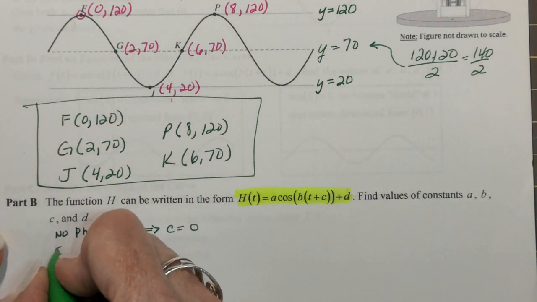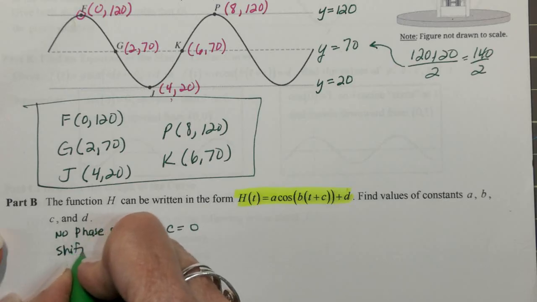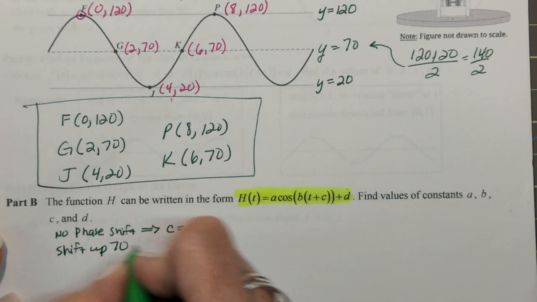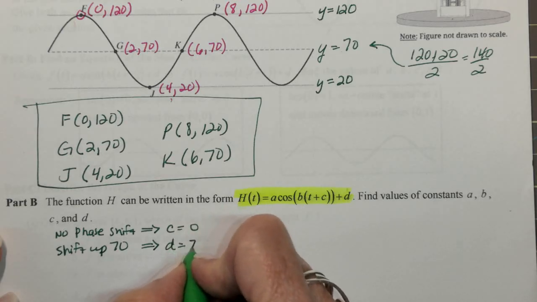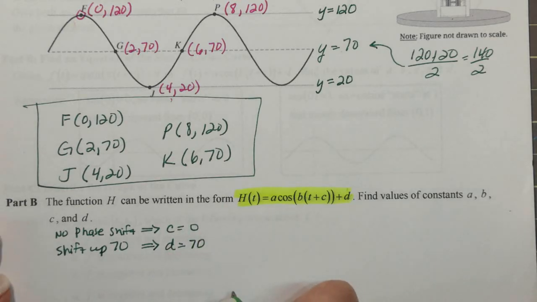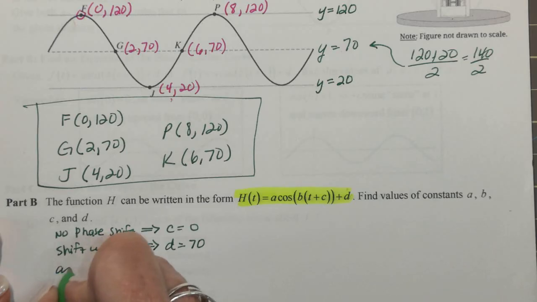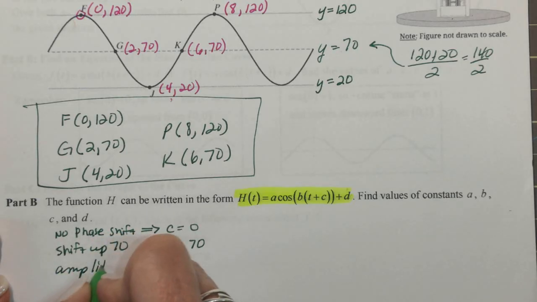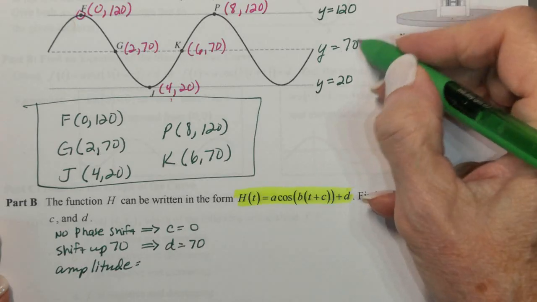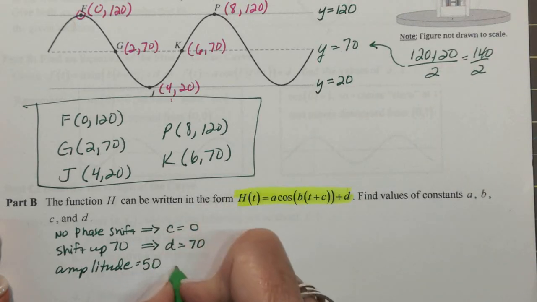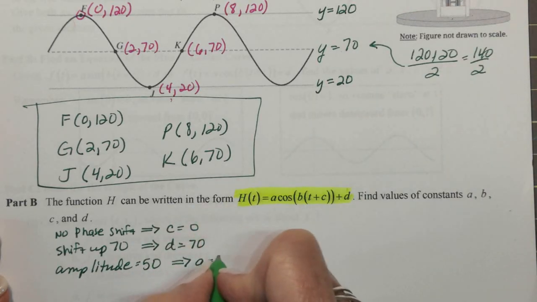So we're shifting up 70 to get to the middle. So D is 70. Amplitude. The amplitude is 50. So A is 50.